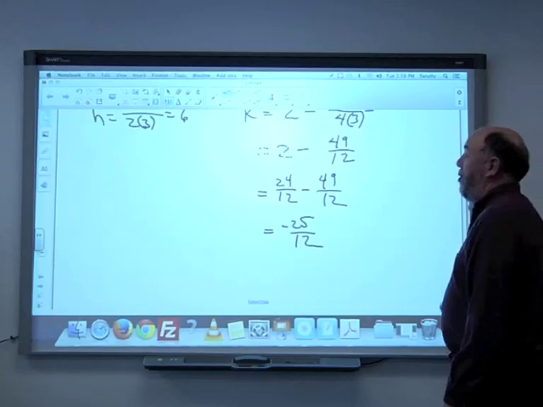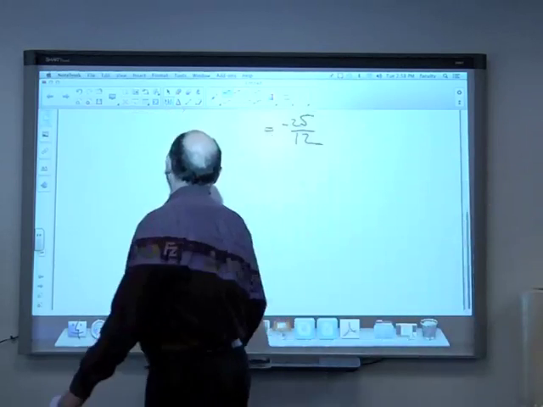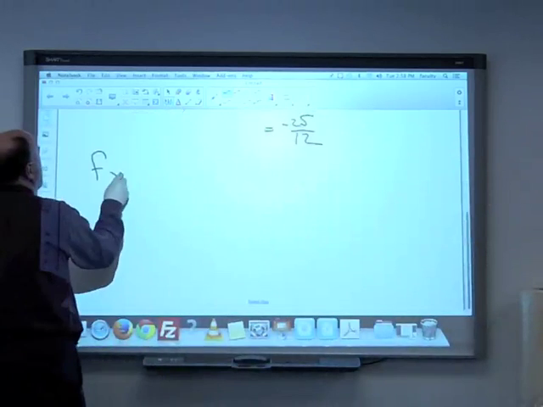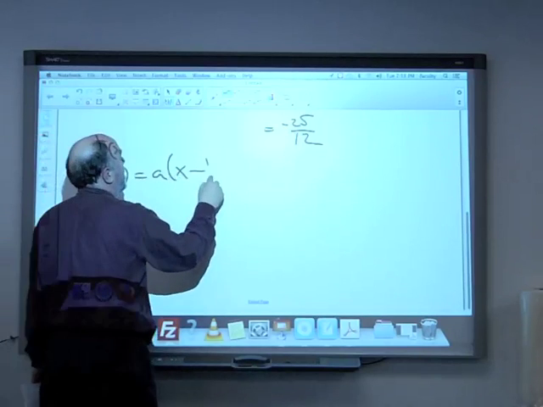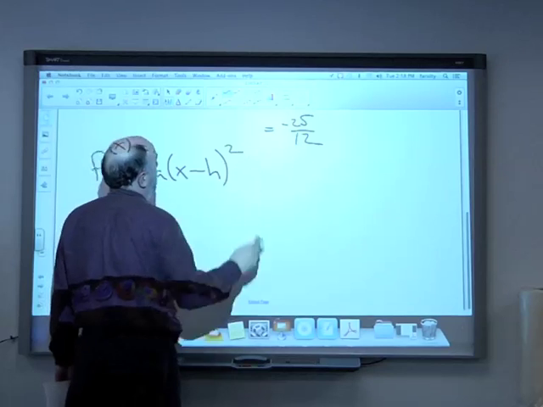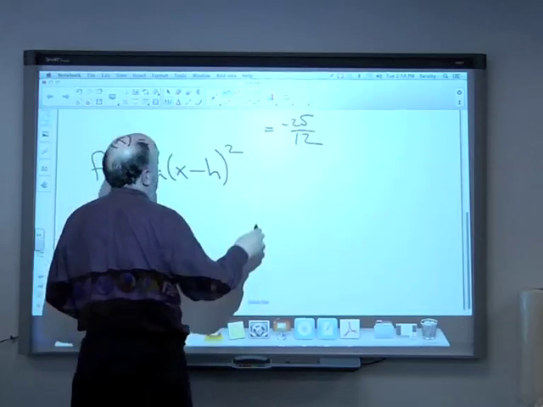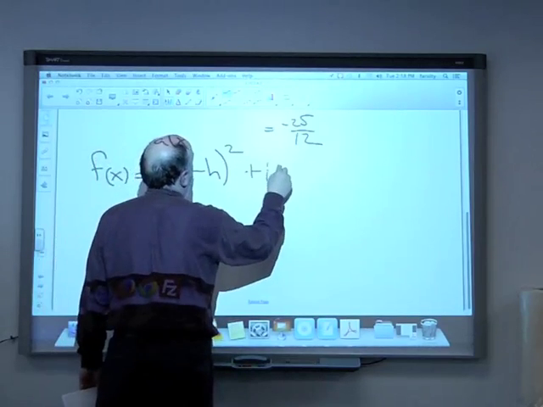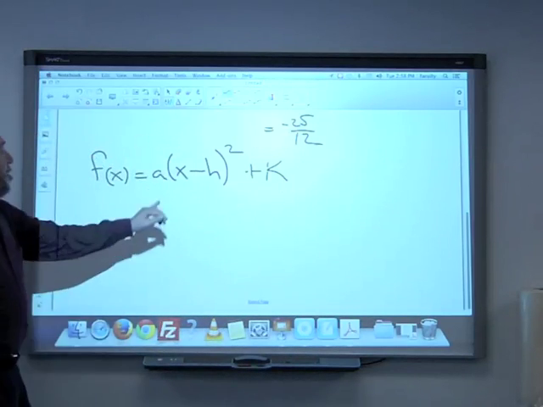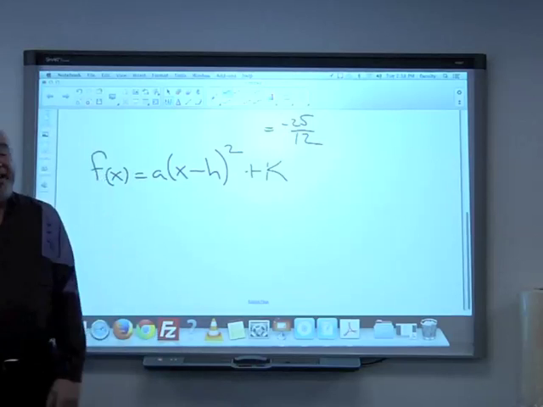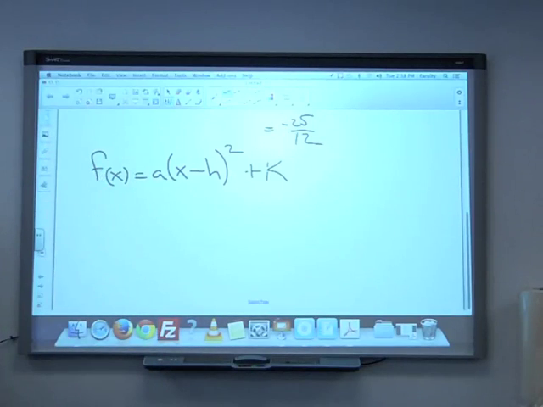So we said the format that I'm looking for is f of x equals a times (x minus h) squared plus k. We know the h, we know the k. That leaves the a part to figure out.